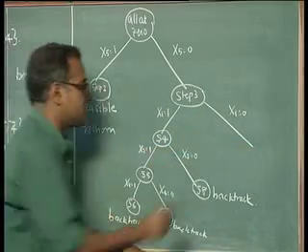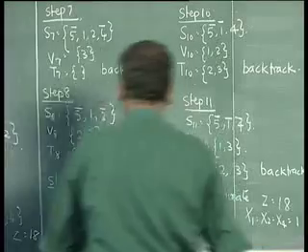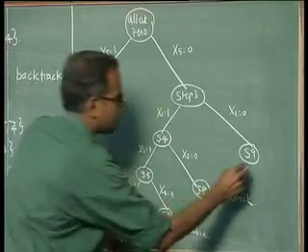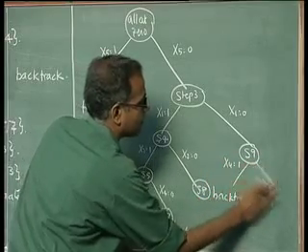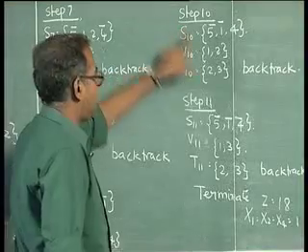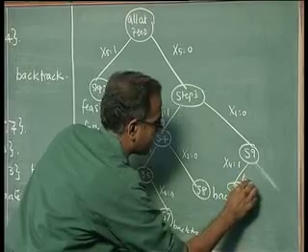So I come to this, which is my S9. If you go to S9, I continue again to S10 by putting a 4. So I branch on x4. So x4 equal to 1 is what I have. Again I backtrack. So this is my S10.